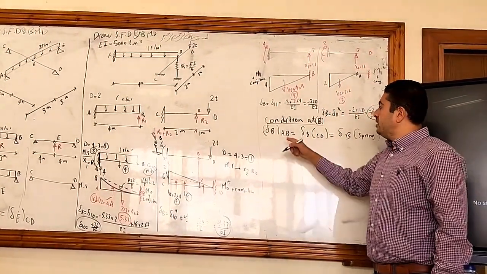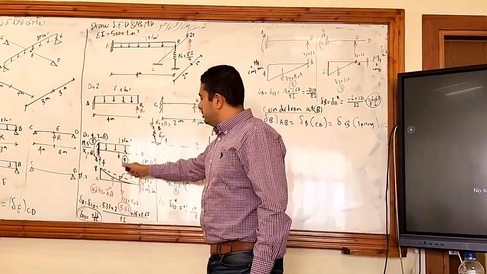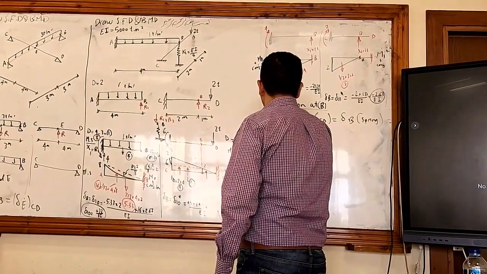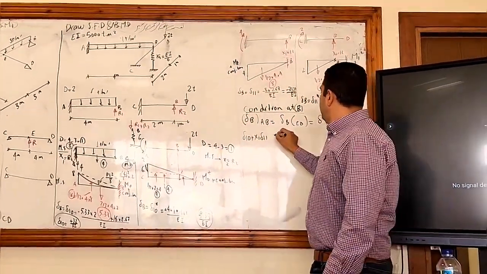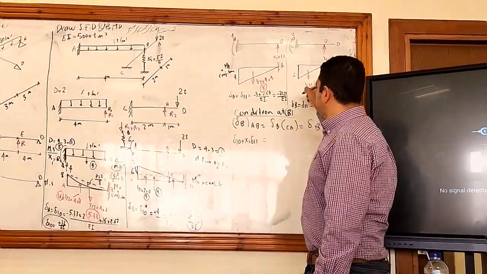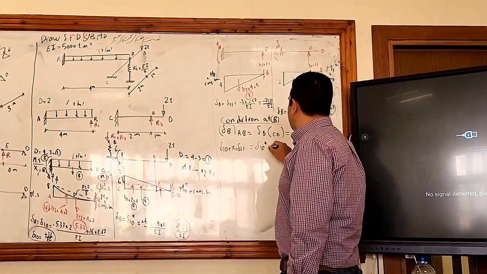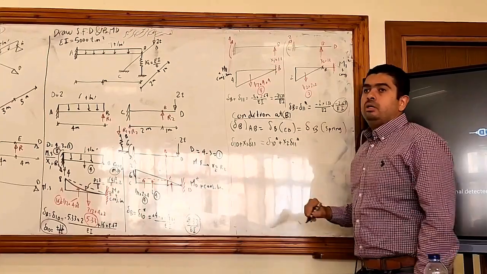Right? What's the delta B for AB? The delta at B, delta 1 naught plus X1 delta 1 1. And the delta B for CD, it's from case naught and case 1, so it will be equal to delta 1 naught star plus X2 delta 1 1 star.